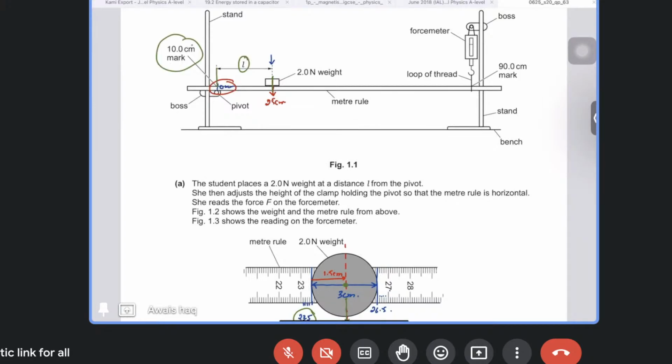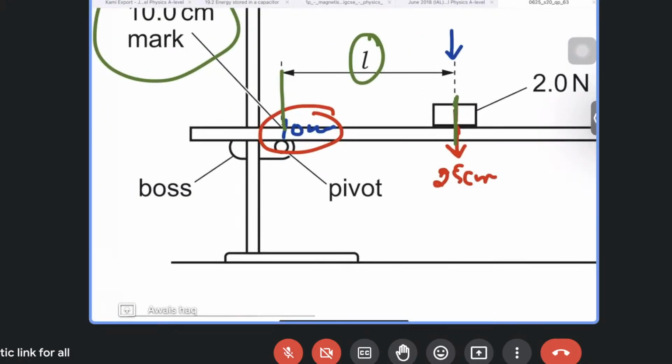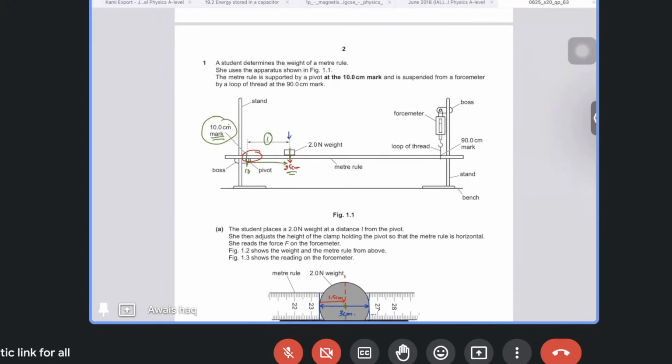So I have to go 25 minus 10. Is L 10 centimeters away from the stand? It is shown on the diagram: the pivot is at the 10 centimeter mark. This is 10, that's 25, so to find L we subtract them. Do you understand now? Yes.